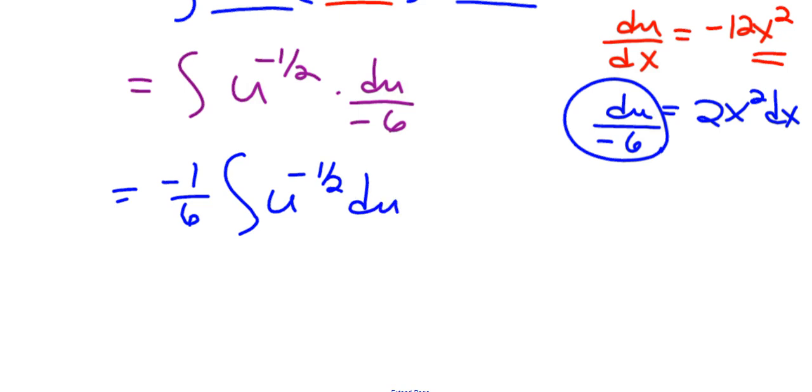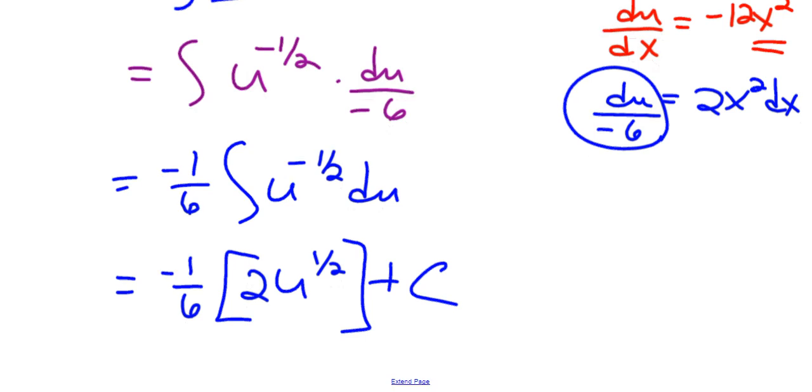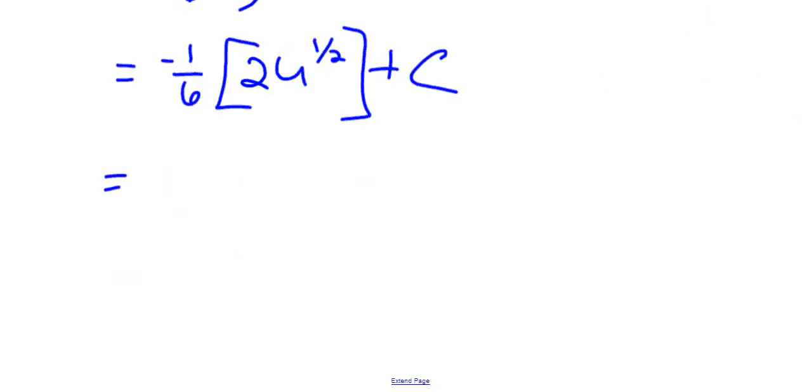And now that that -1/6 is out of the way, I can go ahead and take the antiderivative. So taking the antiderivative in this case would be u. I'm going to add 1 to the exponent, divide by the new exponent, which is 1/2. Simplifying it by taking the reciprocal, I get 2, and then it's plus c. I'm going to simplify this first.